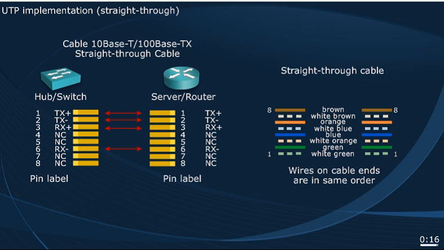That's why it's called straight through. There's nothing crazy about this. 1 goes to 1, 2 goes to 2, 3 goes to 3. Really easy to remember that. But Dan, when we get to crossover, things radically change for us there.